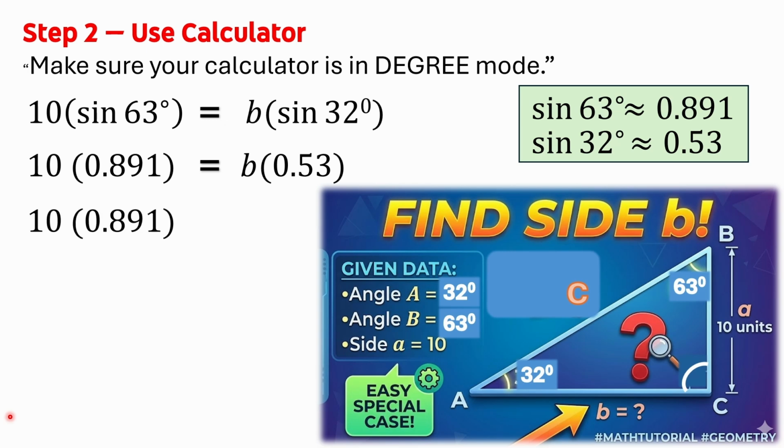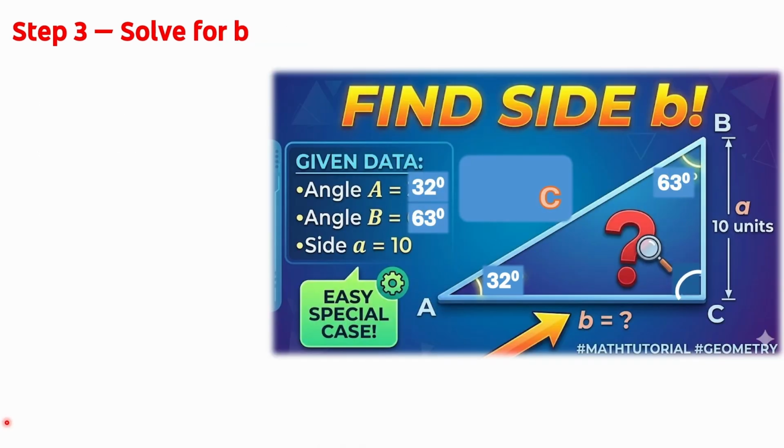Then let's multiply. So 10 times 0.891 is 8.91 equals 0.53b. Now for the next step, we're going to solve for the side b. To solve for the side b, we're going to divide both sides by 0.53.